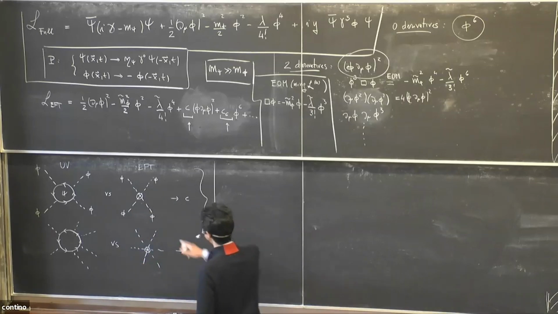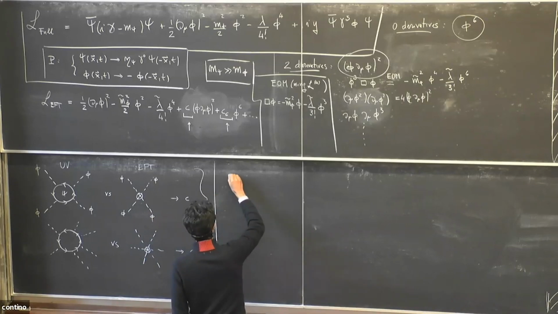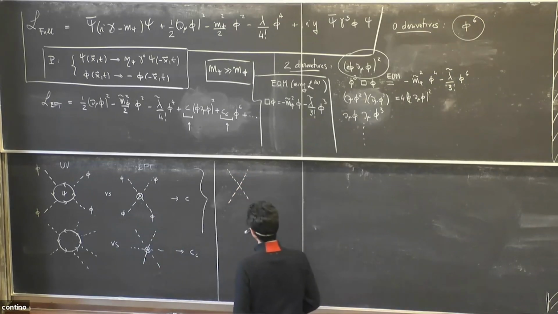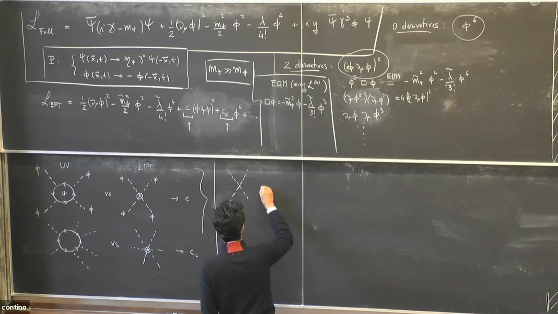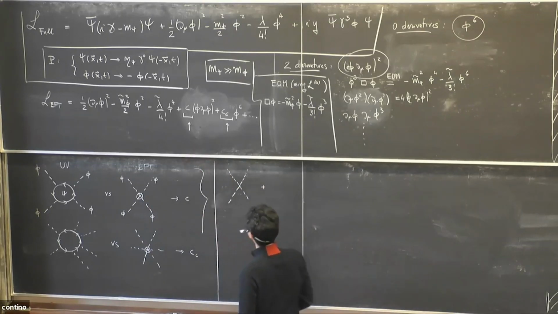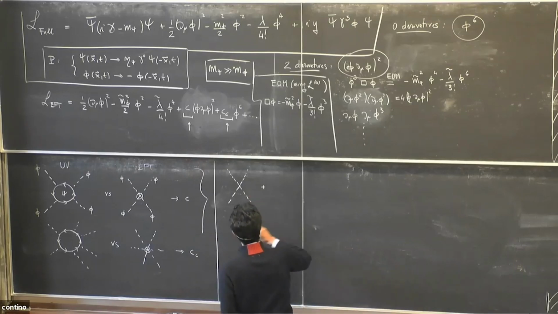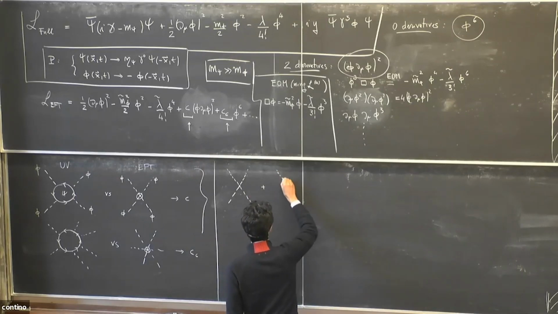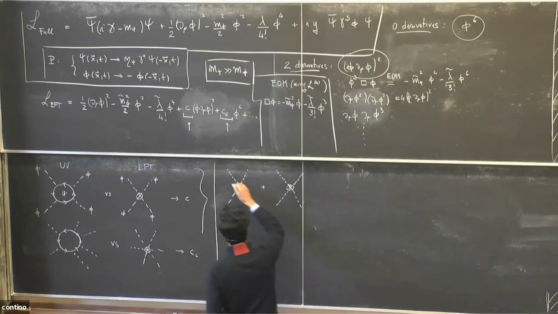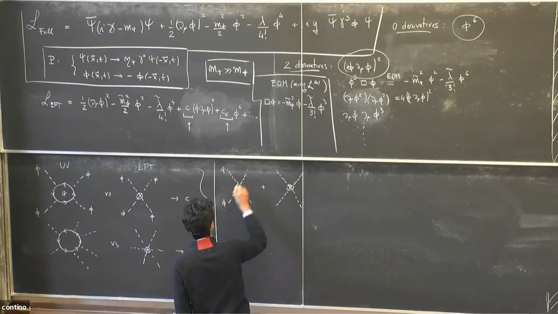So we want to compute the 4-point function. So the 4-point function has, at one loop, at tree level, 2 contributions. The contribution coming from the renormalizable quartic self-interaction, and then the contribution from the effective vertex. So these are phi fields, of course.